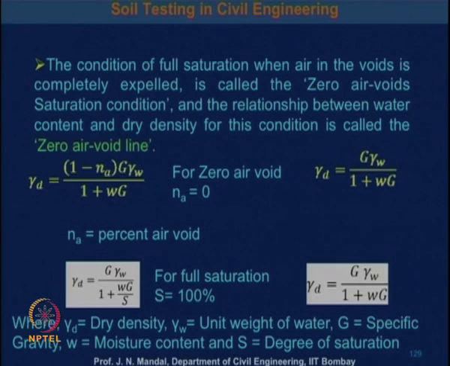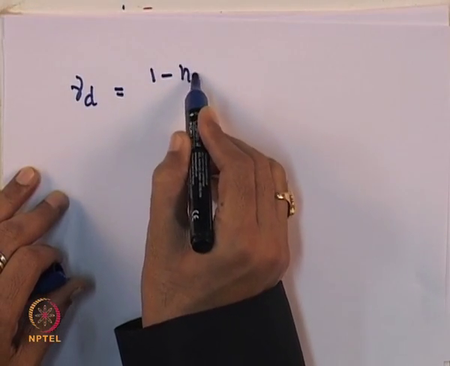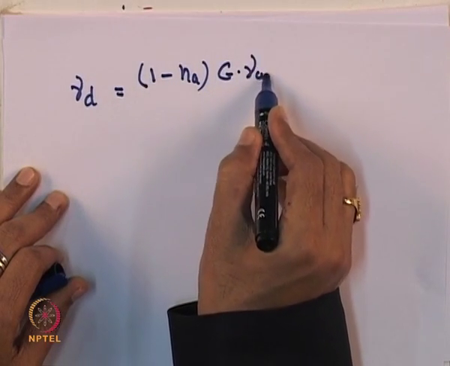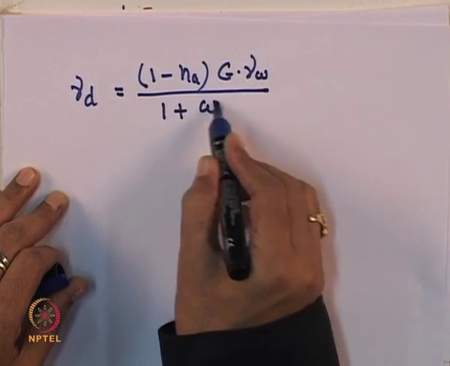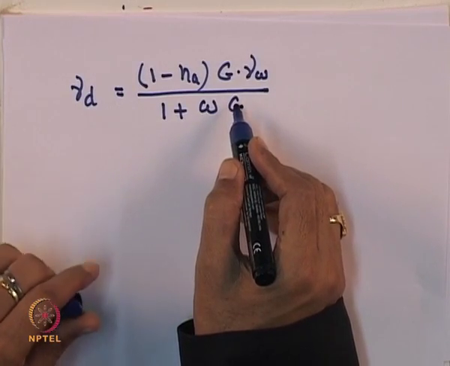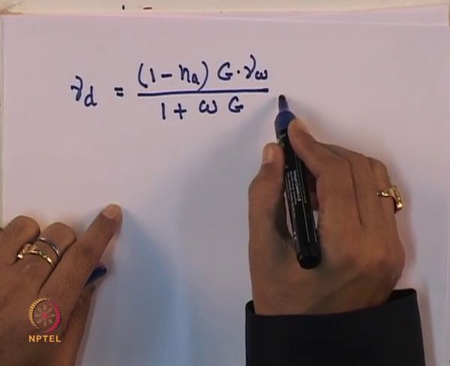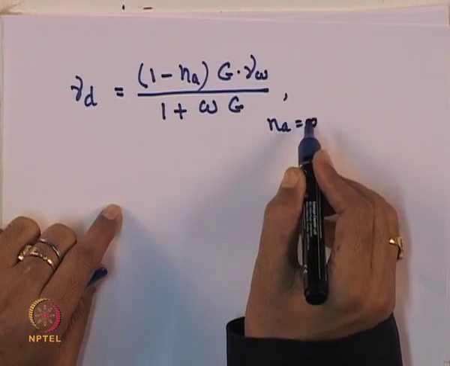For example, gamma d is equal to (1 minus n_a) into G into gamma w, divided by 1 plus w into G. For zero air void, this n_a is 0.